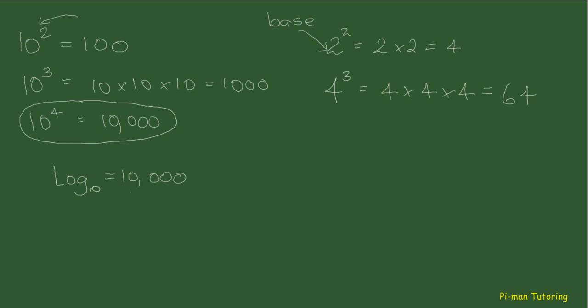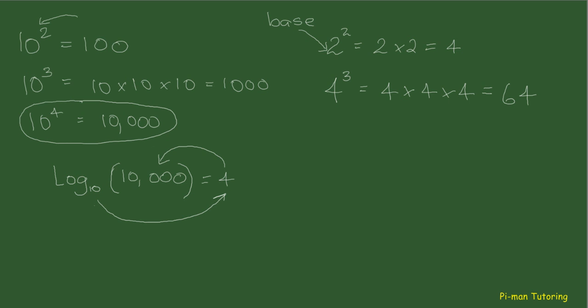And the answer is 4. Let me just correct that. The log in base 10 of 10,000 is equal to 4, because 4 is the power to which 10 has to be raised in order to give 10,000.